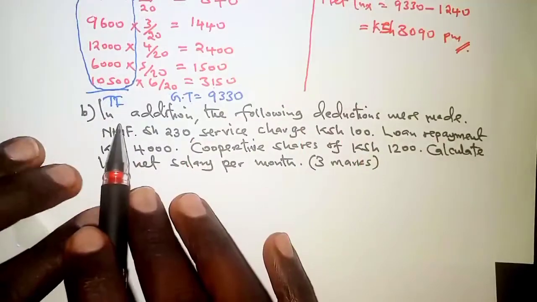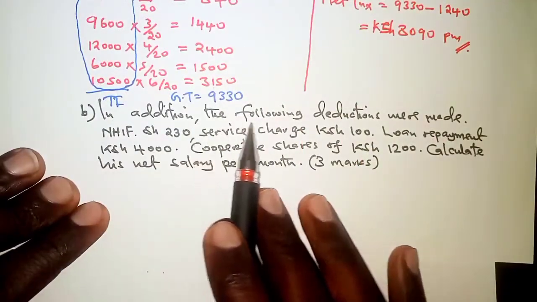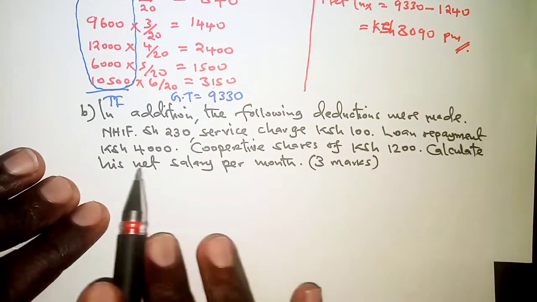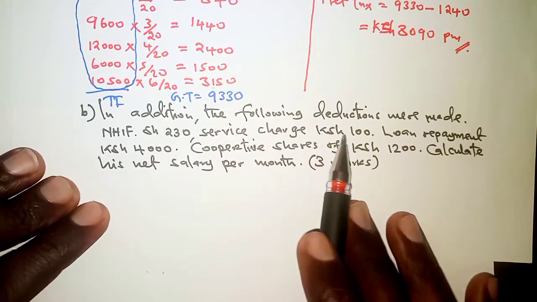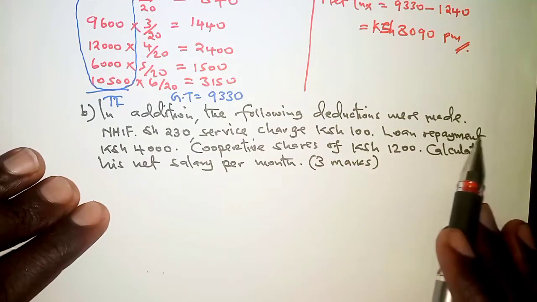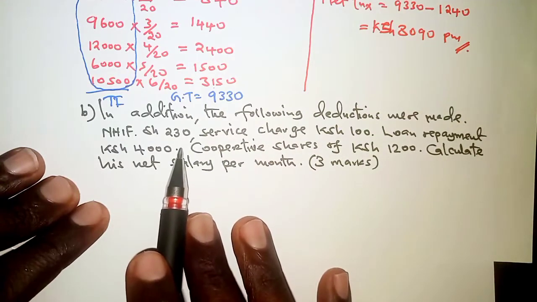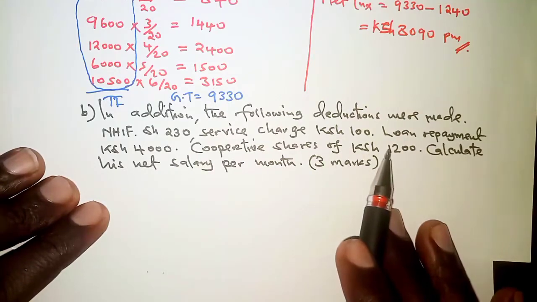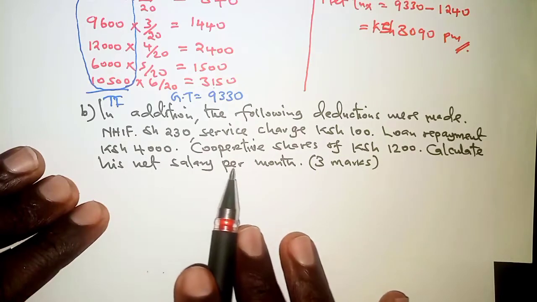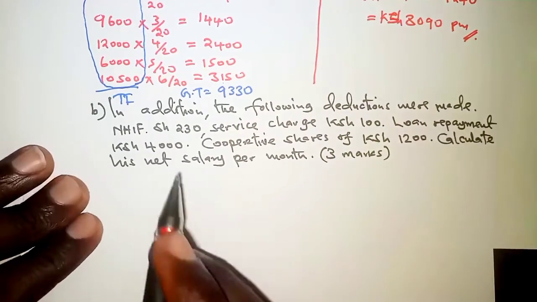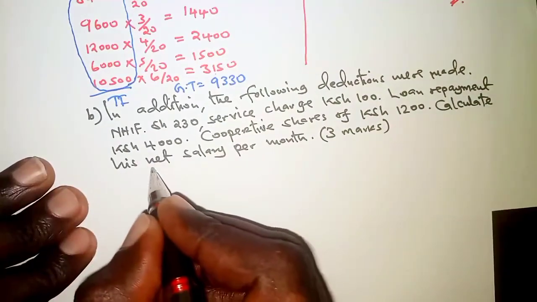For part B, we are told, in addition, the following deductions were made: NHIF of 230 shillings, service charge 100 shillings, loan repayment 4,000 shillings, and cooperative shares of 1,200 shillings. Calculate his net salary per month. Once again, we are meeting this word net.